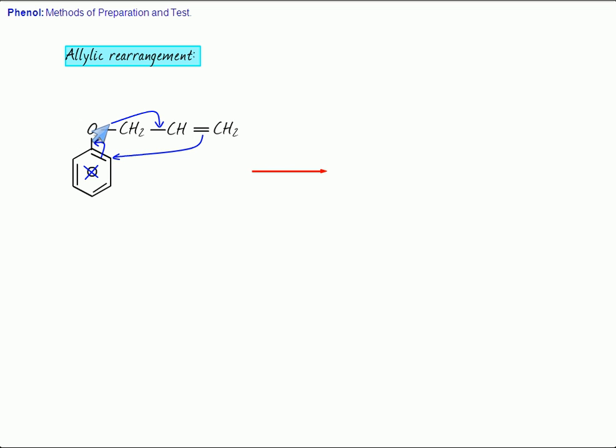C double bond O, CH2, this C, if I call it as gamma, so this is the gamma carbon, CH double bond CH2 with the H hanging from here. In the next step, this H which was there will go back. The other pi bonds are as usual.